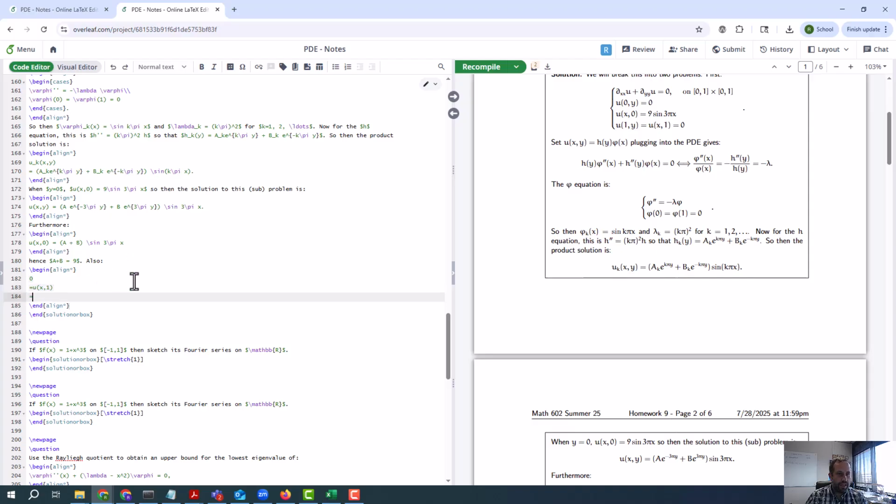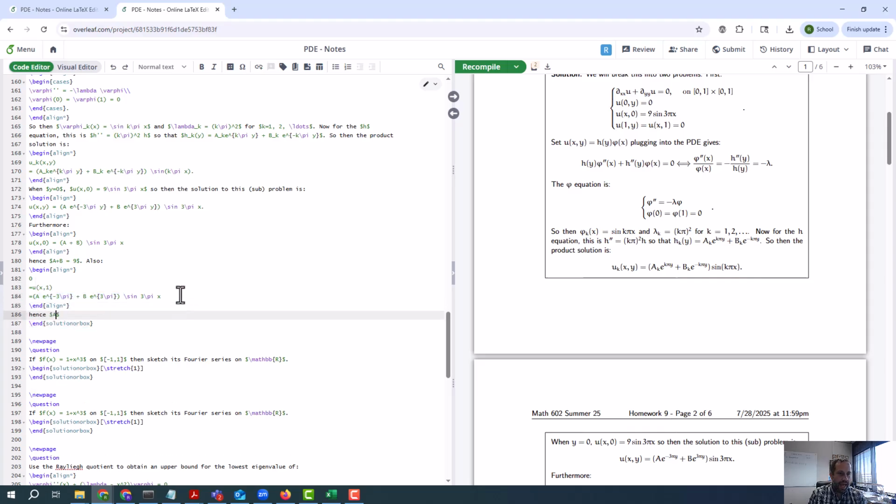Okay, if I take u of x comma y and plug in y is equal to 1, I'm just going to take this. This is going to be a, y is 1, y is 1. Now, the only way this can be equal to 0 for all x going from 0 to 1 is if that is equal to 0.